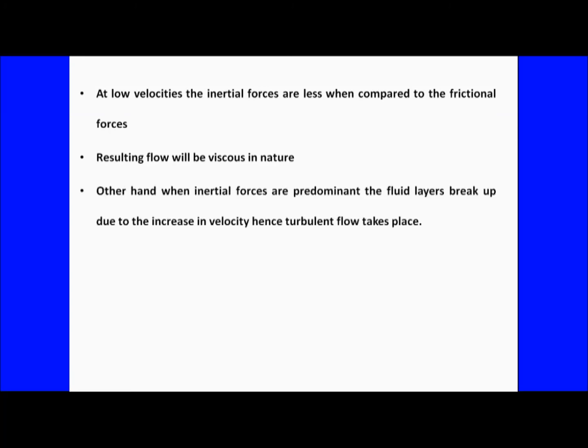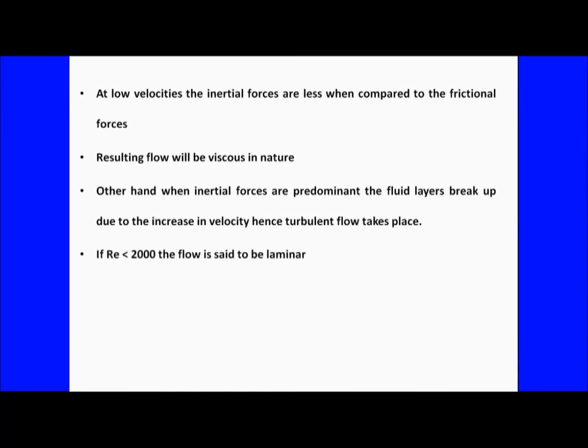On the other hand, when the inertial forces are predominant, the fluid breaks up because of the high velocity, and hence you will get turbulent flow. Here the dye will mix with the water, giving color to the water.